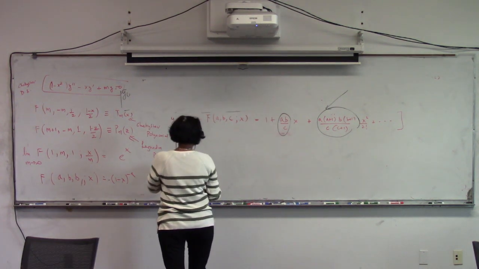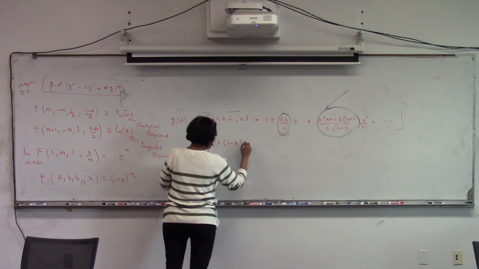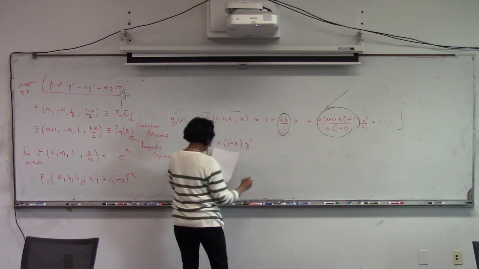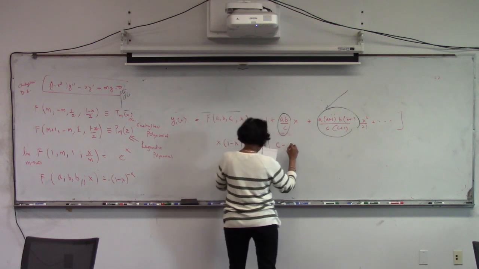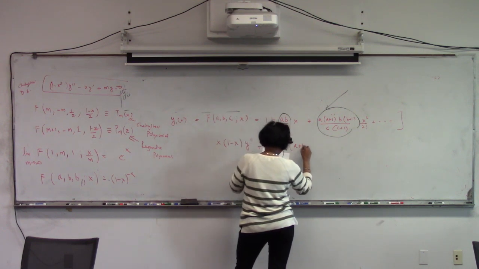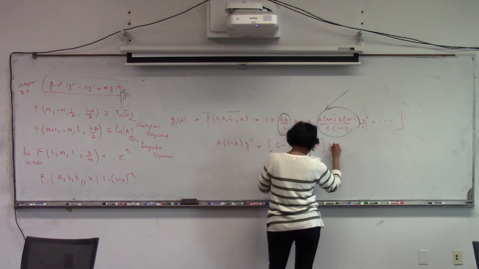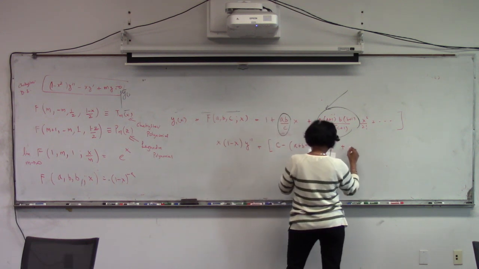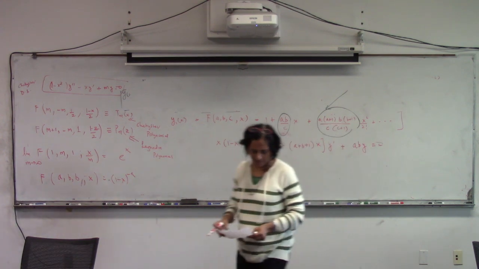All right, so our differential equation, the hypergeometric differential equation, is x(1 minus x) y double prime plus [c minus (a plus b plus 1) x] y prime, and here it is minus a b y. Plus or minus, this is where I made a mistake previously.